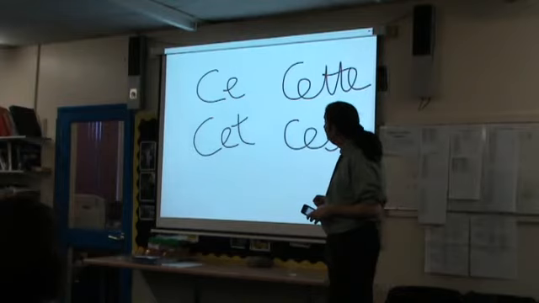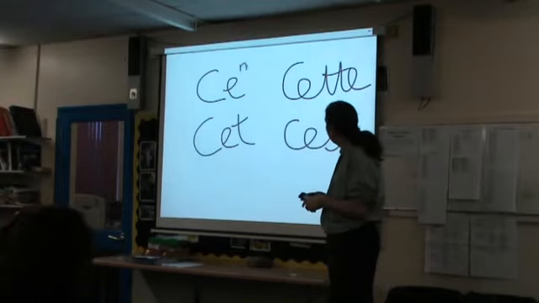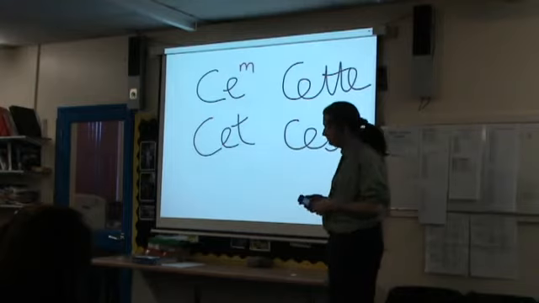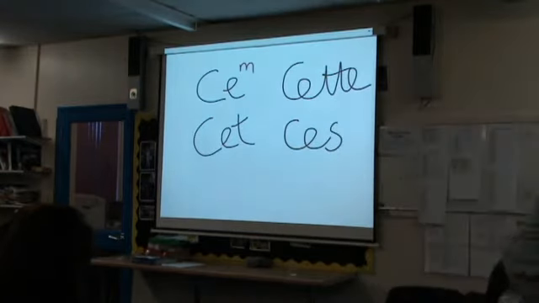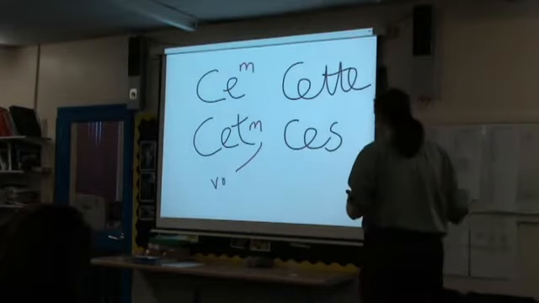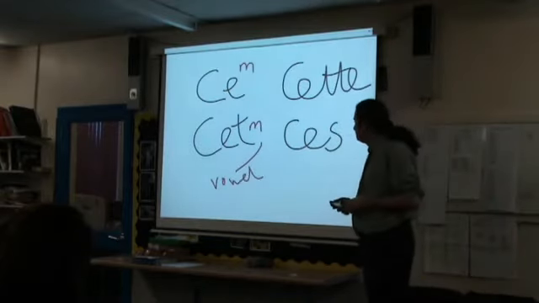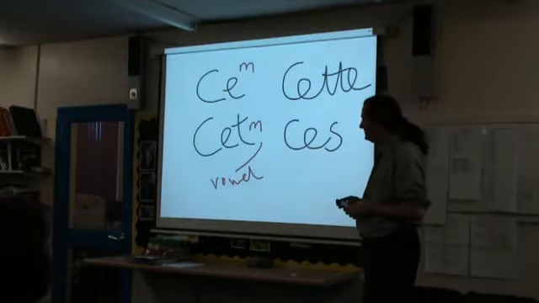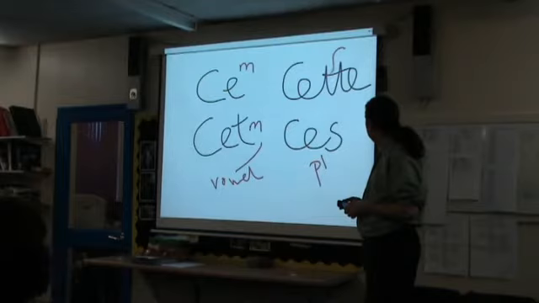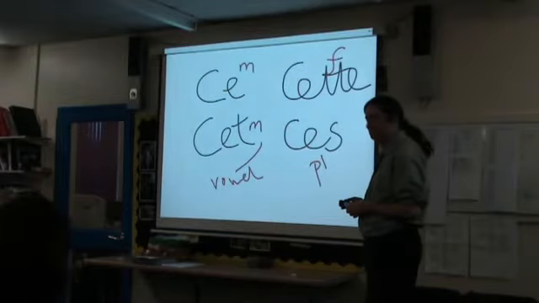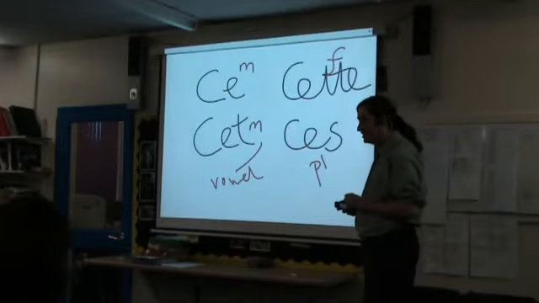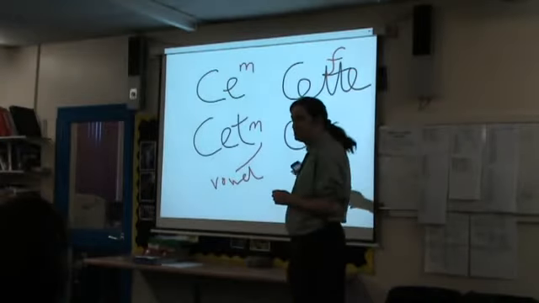You use the word so in front of nouns that are masculine. You use the word set also in front of words that are masculine, but they start with a vowel. You use the word say for masculine and feminine, but as long as they're plural, and you use set for words that are feminine. Simple as that. Simple as that, okay? So now he could have added an image as well.